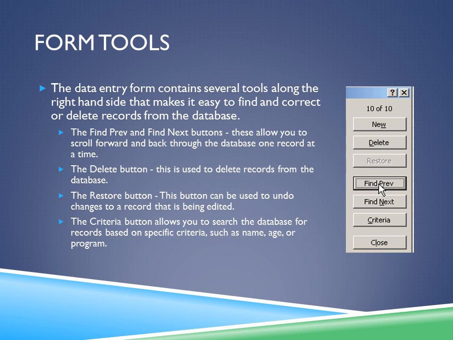The Restore button is used to undo changes to a record that is being edited. Occasionally you may make the wrong changes to a record or even edit the wrong record altogether, and if so, the Restore button can be used to undo these changes. But one thing to note is that the Restore button only works if the record is present in the form. As soon as you access another form or close it, it becomes inactive and you can't use it.